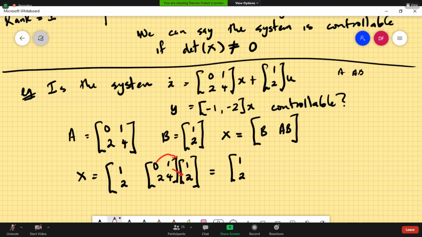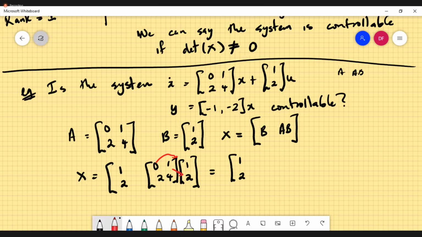So that's 2. And then 2 times 1 plus 4 times 2, which is 10.